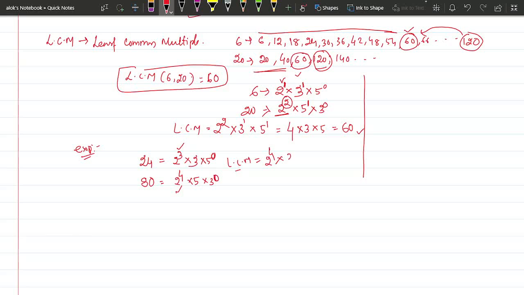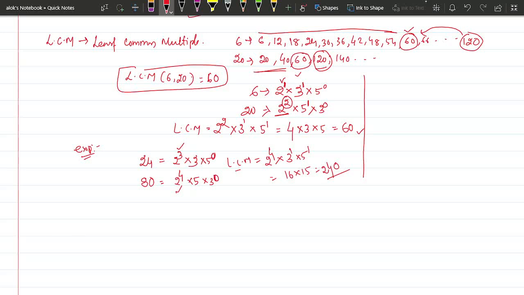So we'll take 3 to the power 1 and 5 to the power 1, which is 16, 3, 5. 15 6s are 90, 0, 9 in 8, 15 1s are 15, and 9 250. Okay, LCM is 250.